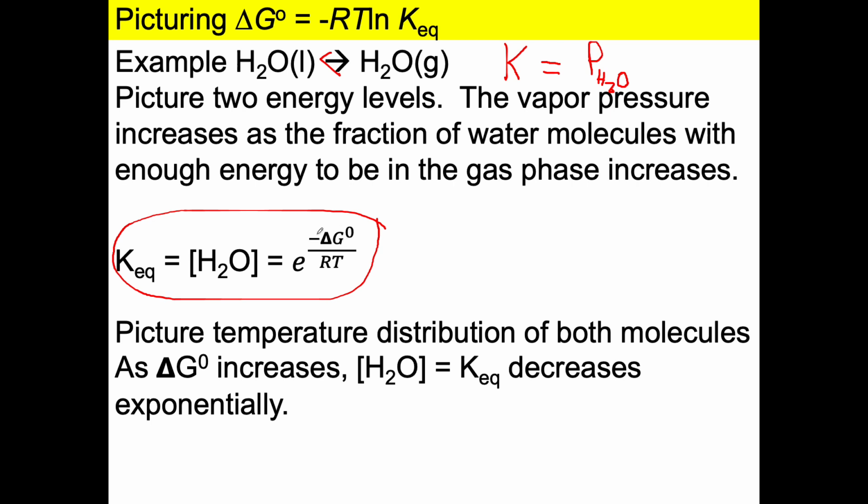And you can see that as delta G gets larger, if it was a different reaction involving something else evaporating with a larger delta G, there'd be even less in the vapor phase, less pressure in the vapor phase. So you can see that this depends on K. As delta G increases for a different evaporation, this amount will decrease.